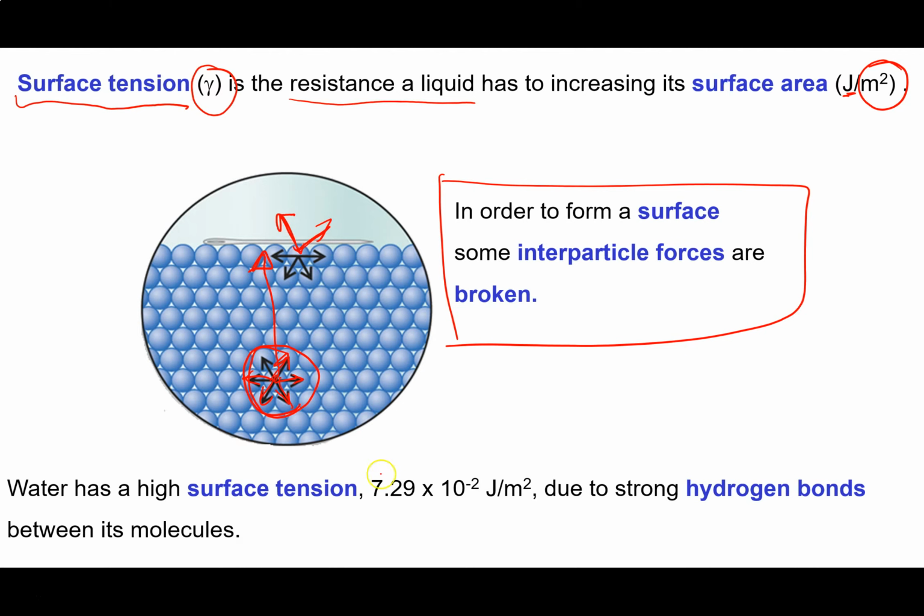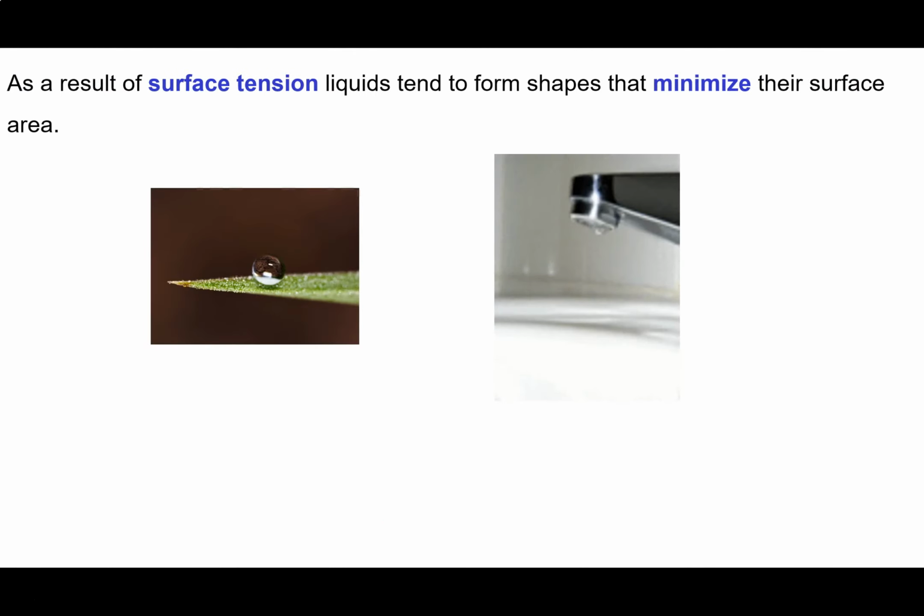Now, water has a fairly high surface tension, 7.2 by 10 to the minus 2 joules per meter squared, and the reason for that is because water possesses fairly strong hydrogen bonds between its molecules. As a result of surface tension, liquids tend to form shapes that minimize their surface area. This is often referred to as the Lotus Effect. When you have a waxy leaf, you see these spherical drops of water sitting on it.